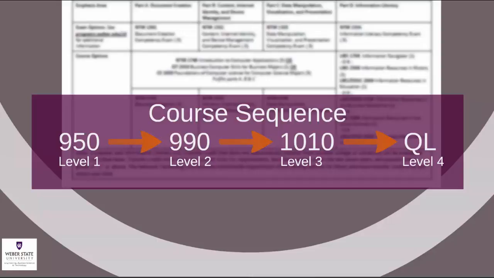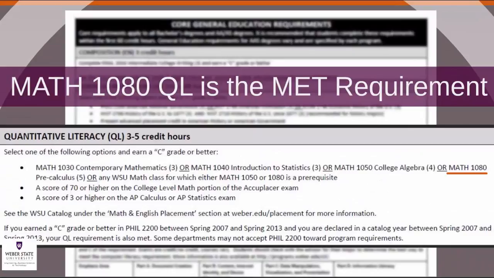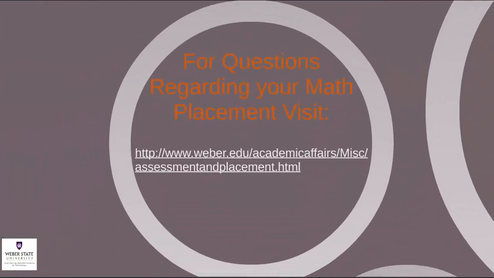Although Math 1010 is also a developmental course, its credits will work towards your overall credits and GPA. Also note that all classes must be passed with a C or better. If you have questions on your math placement, please see the Assessment and Placement Policy on the website shown on your screen.